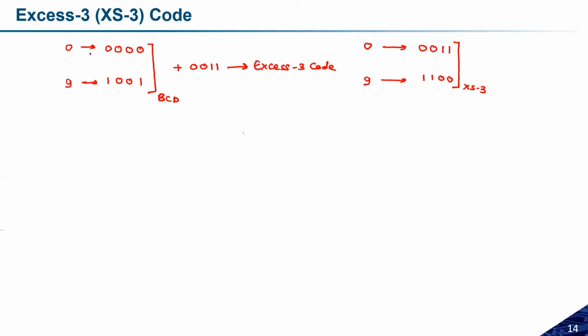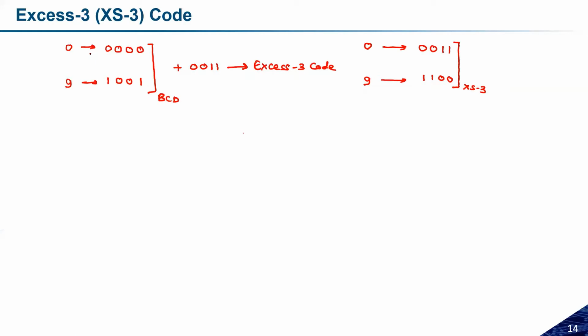Now you can see 0 is complementary to 9 here, so the number becomes self-complementary. This is just to add some features to the code. So to make the number self-complementary, you can use this Excess-3 code, and this is the advantage over the BCD code.